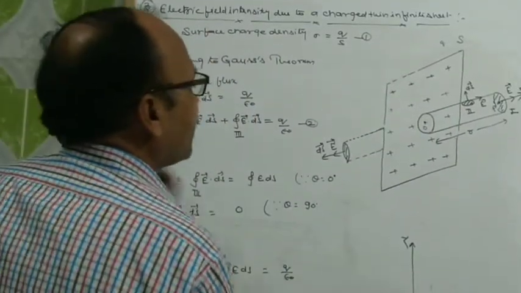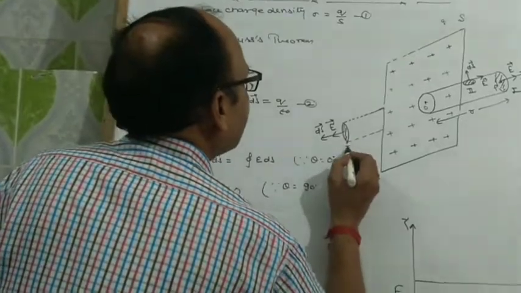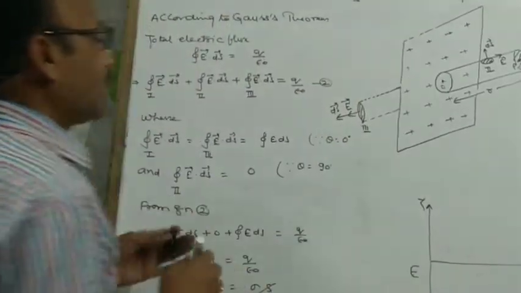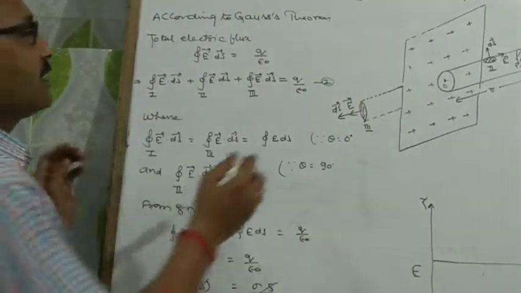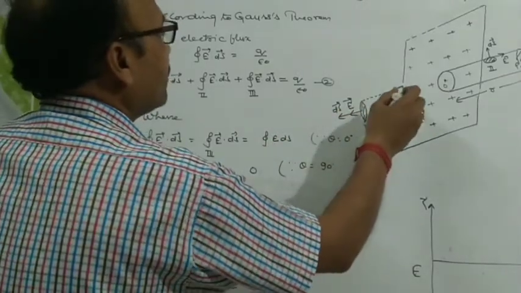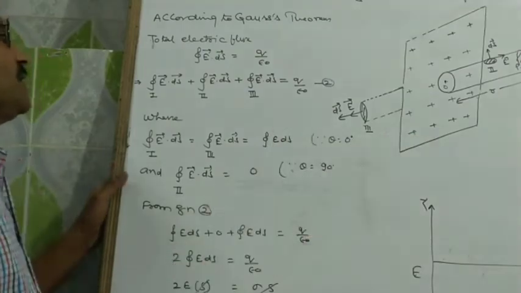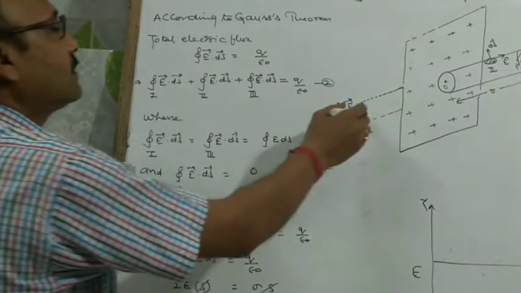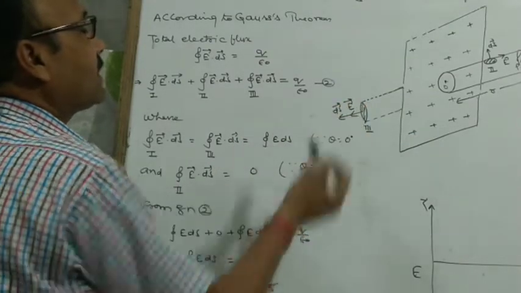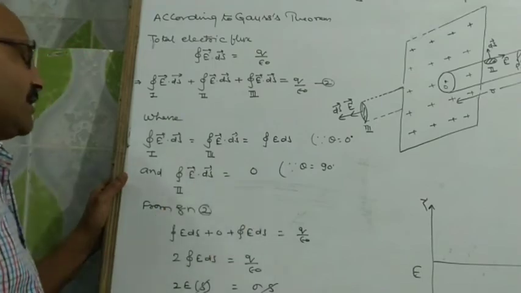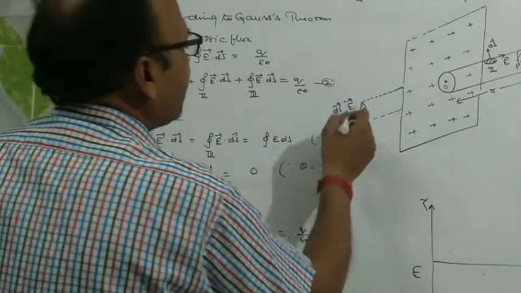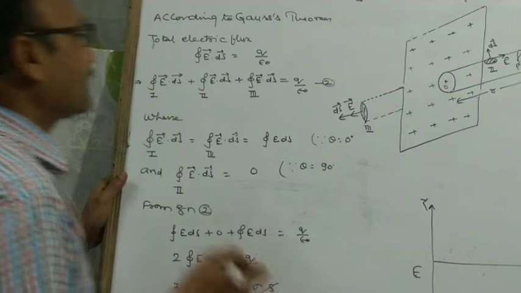For the third case, on the other side, this will be the electric field intensity that will be perpendicular to the surface of the sheet and along the direction of the area vector. So at this time ds and E both will be in the same direction.